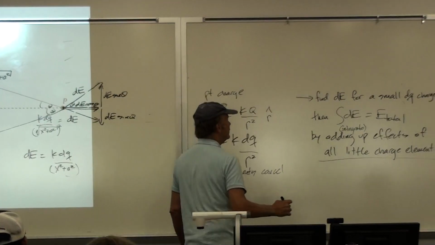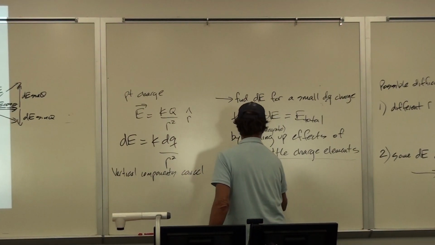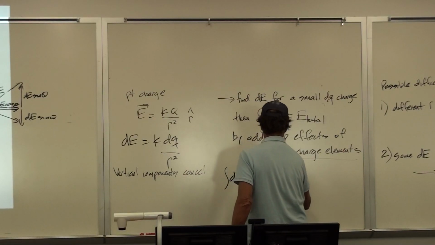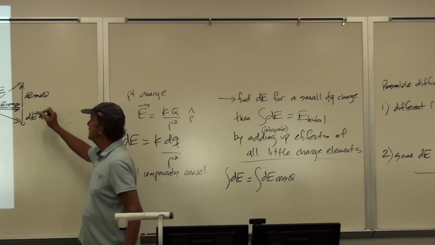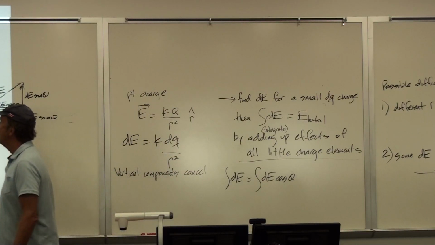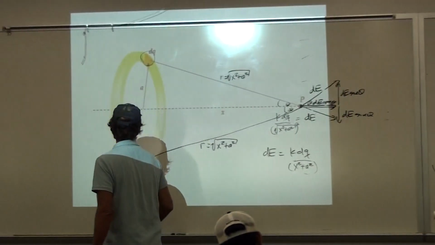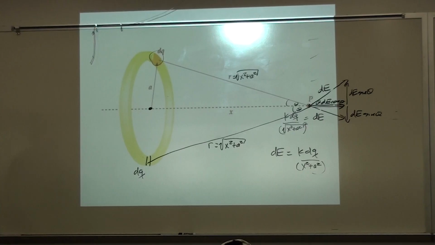Okay, so that's what we're interested in here then. For the integral of dE, it's going to be the integral of dE times the cosine of theta, not just dE, because I'm losing some of my components of dE. And so what would it be at the center? 0.